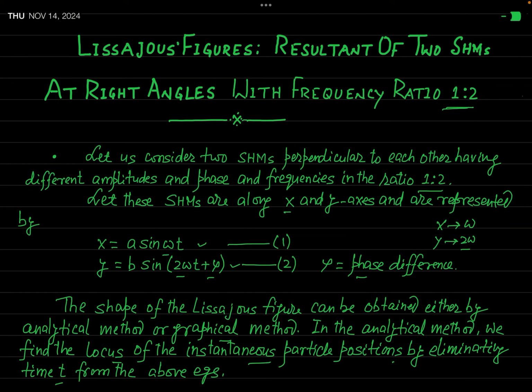Because our aim is to find the equation of trajectory. And you know, the equation of trajectory is simply the relation of x and y, that is, finding y as a function of x.